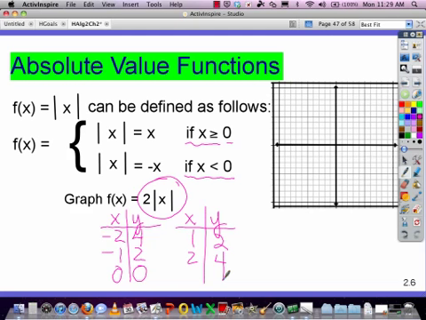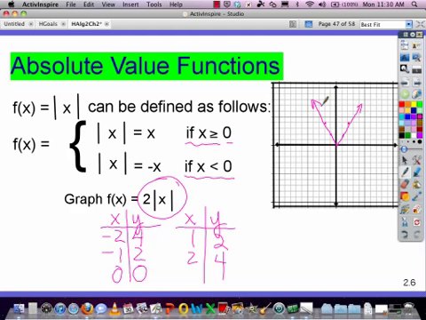We would graph -2, 4, -1, 2, 0, 0, 1, 2, and 2, 4. What you should see here, the board looks like it's a little off, is a V-shaped graph when you are finished.